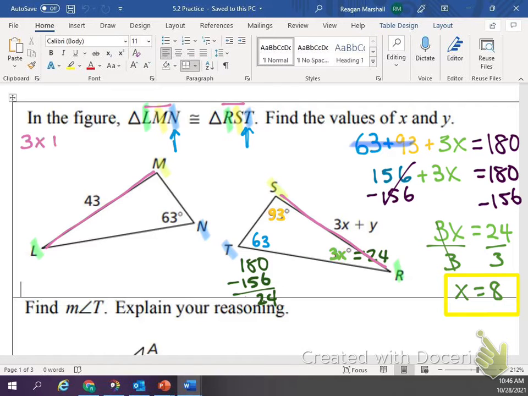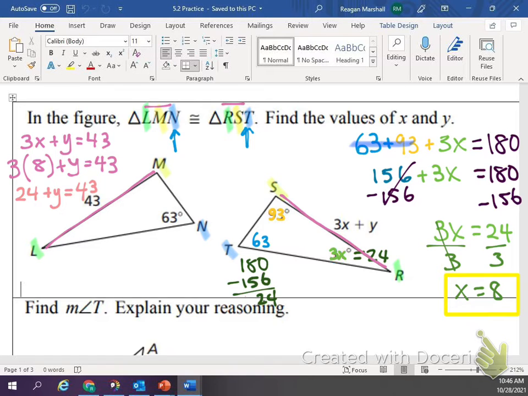So 3x plus y will equal 43. I have two variables, which is not helpful. Do I know the value of one of them? Yes, I know x. It's 8. All right, what is 3 times 8? 24 plus y equals 43.